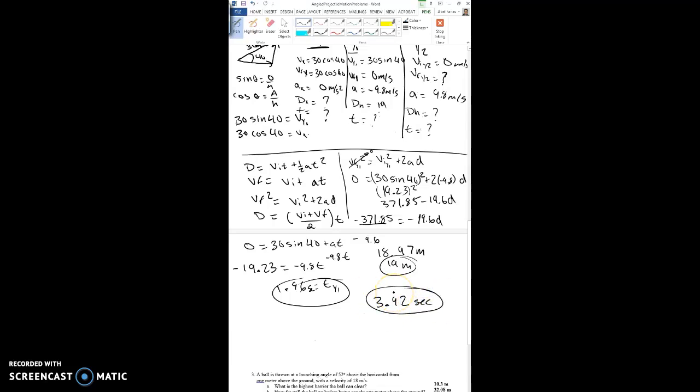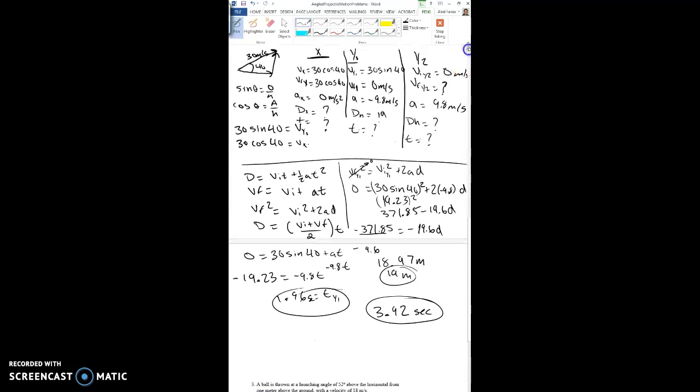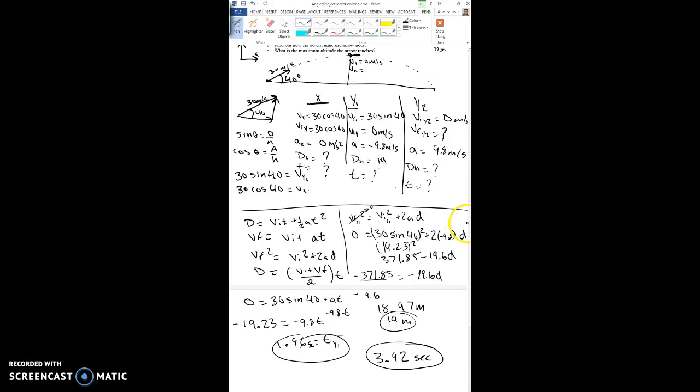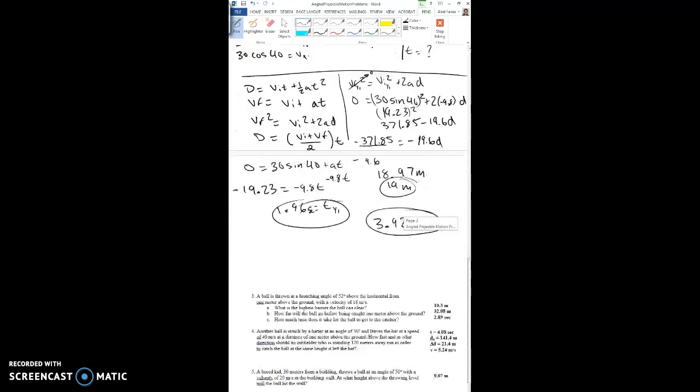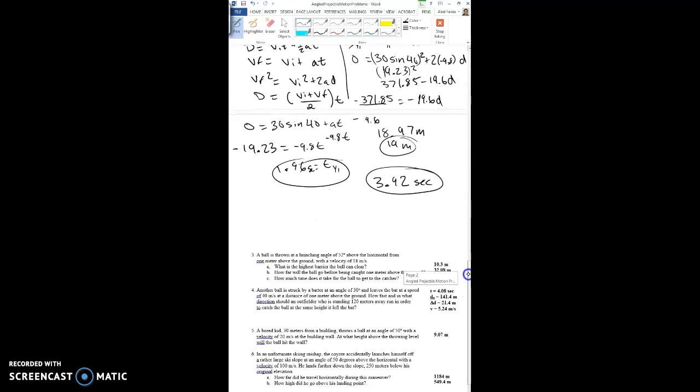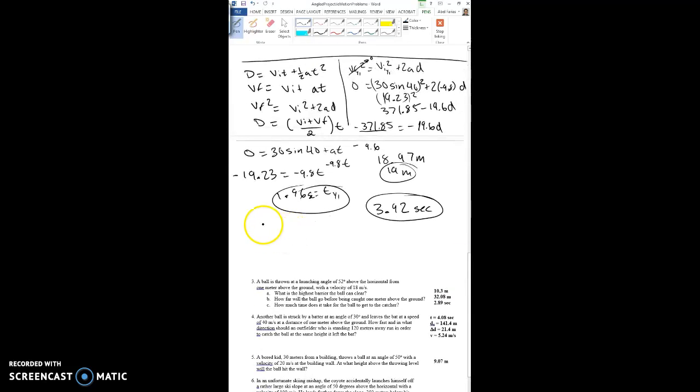Okay. The next thing that it asks, and I think this is the last one, is what is the distance traveled? What is the range? So how far did it go? So what we do here in the x, we now have the time that it took.